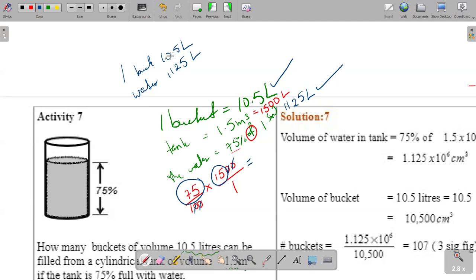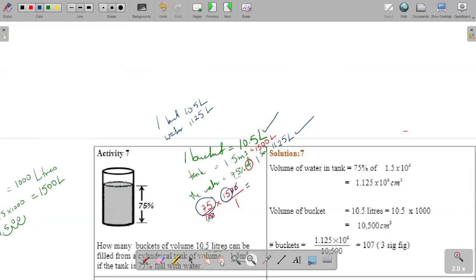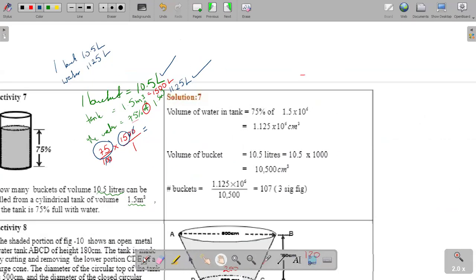How much is that? Remember, you can't have point something of a bucket. Think about it. You can't have a piece of a bucket. So what does that mean to you? That you must do what? Round it off, right?